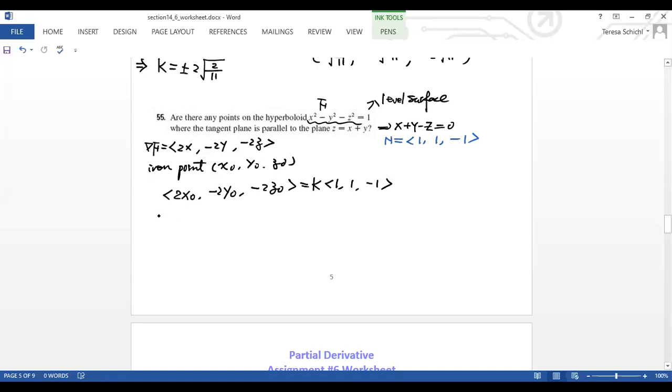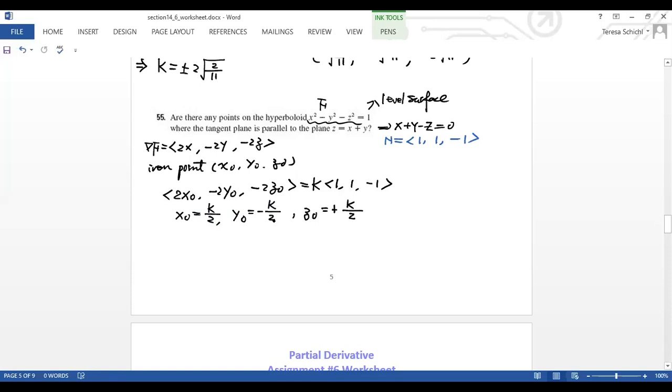Now, let's solve for k. We do the same as before. So x0 is equal to k over 2, y0 is equal to negative k over 2, and z0 is equal to negative 2 times negative k, so it's a positive k here, right?